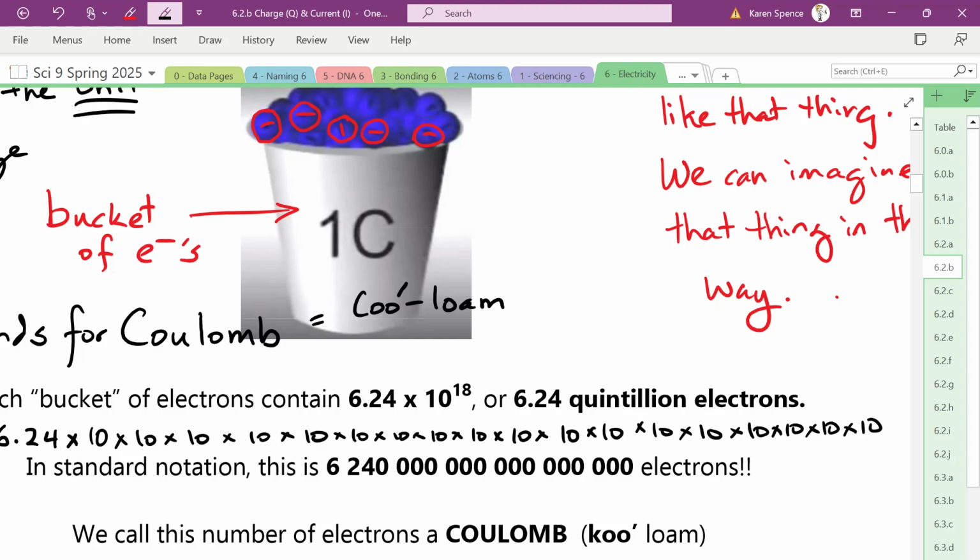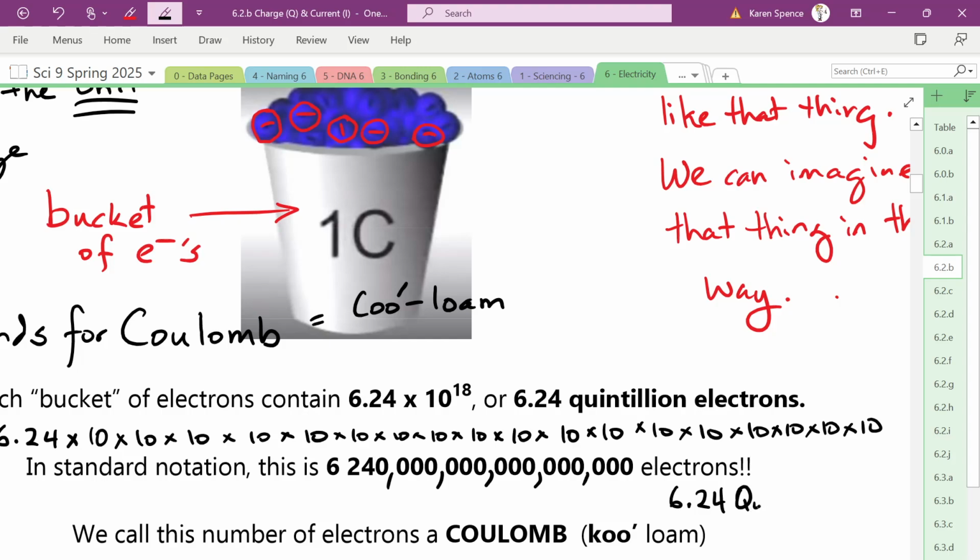So we have 6.24 times 10 to the 18, and that equals, let's see, that's millions, billions, trillions, quadrillions, 6.24 quintillion electrons.